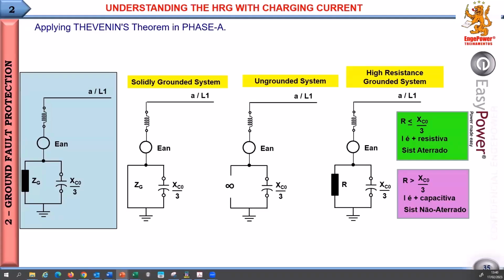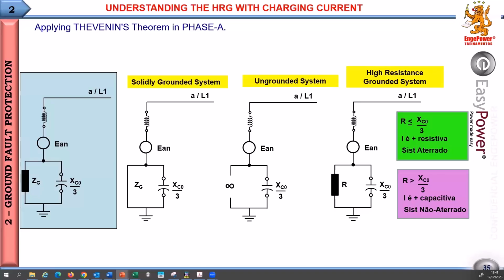So if we have here a solidly grounded system, ZG will be shorted, and also X0 is shorted. So for solidly grounded systems, X0 is not relevant, right? But for an ungrounded system, ZG is practically equal to infinite.